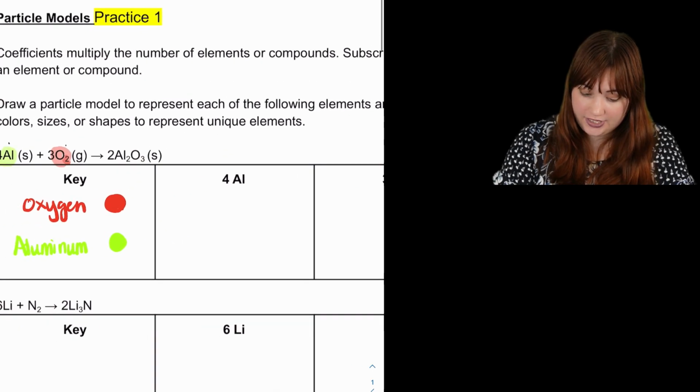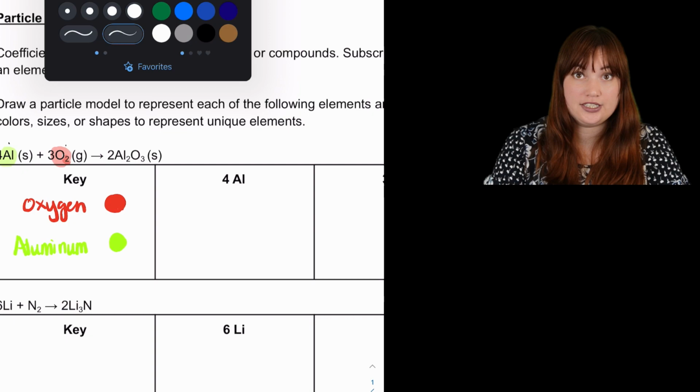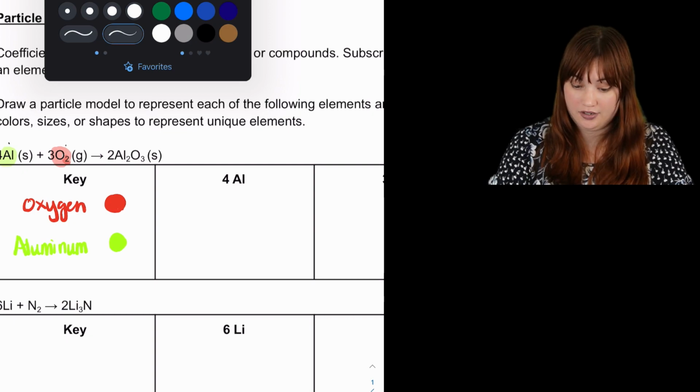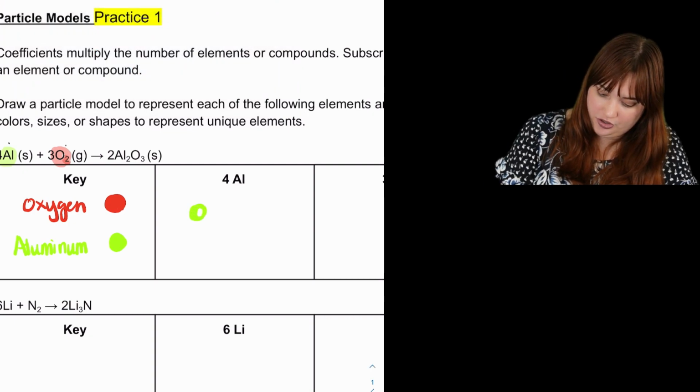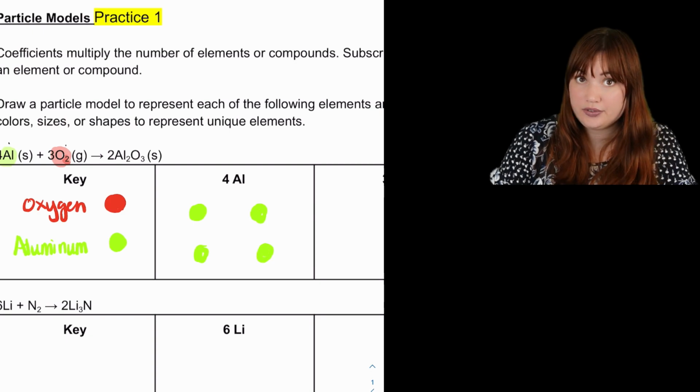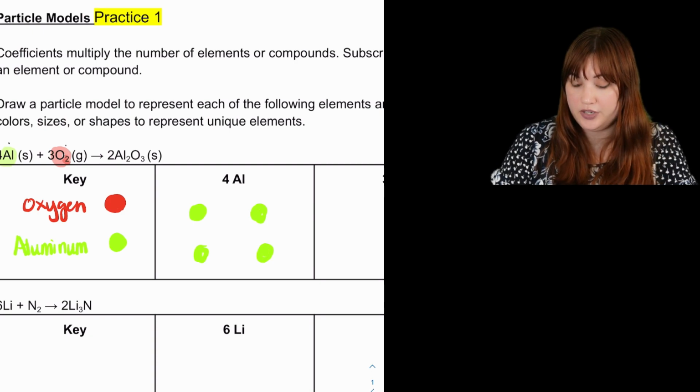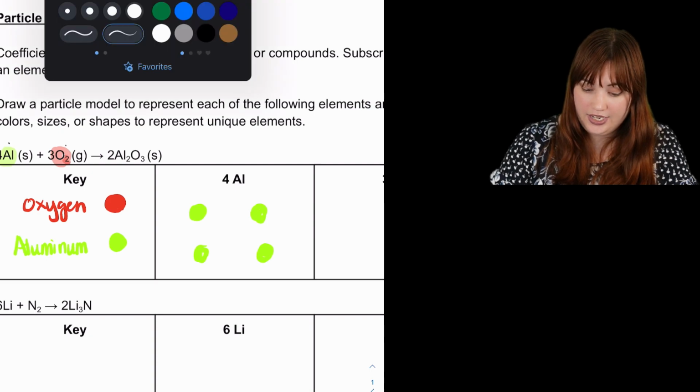In the first box, I need to represent the first reactant, which is 4 aluminum atoms. So I'm just going to draw 4 separated aluminum atoms. I know that they're separated because the coefficient is 4.